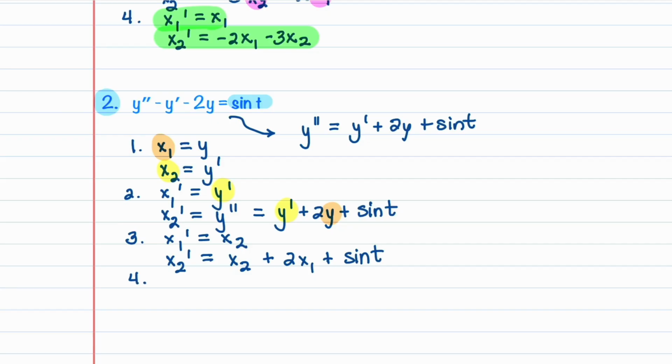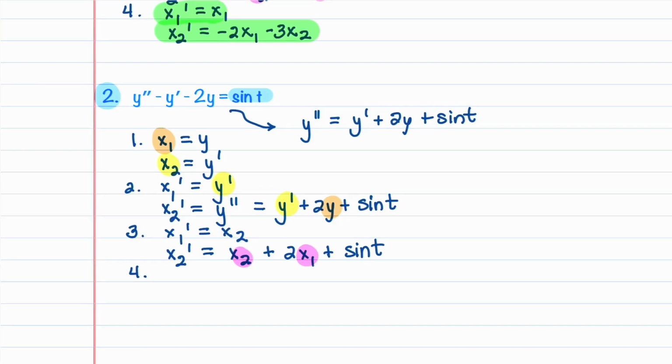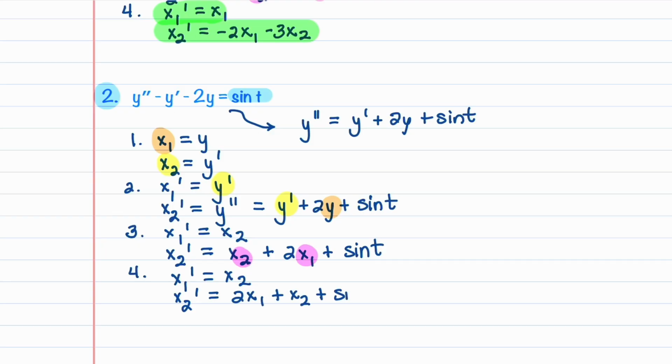Now in step 4, we are going to rearrange these 2 terms so that the x1 comes first. This gives us x1 prime is equal to x2. That equation stays the same. And then x2 prime is equal to 2x1 plus x2 plus sine of t. And there's our solution, our system of two first-order equations.